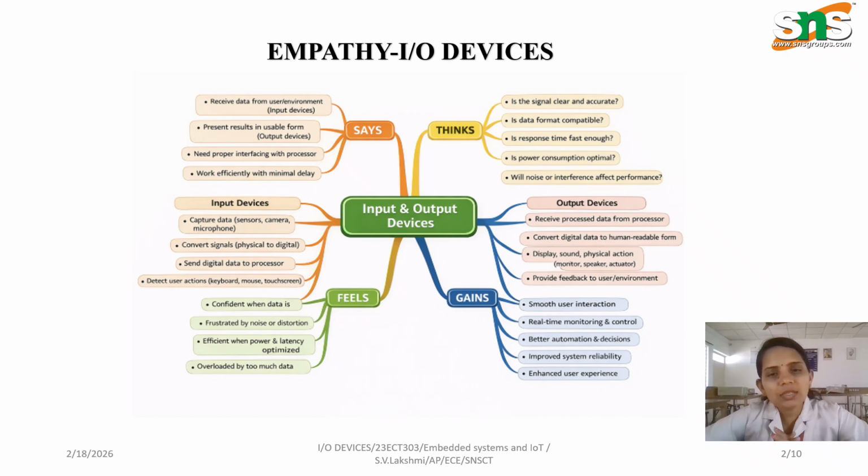As far as these input and output devices are concerned, we have to check whether the system responds accurately to real world inputs, and these devices should be reliable and fast. The interfacing should be very simple and power efficient, and the devices should be compatible with the microcontroller.